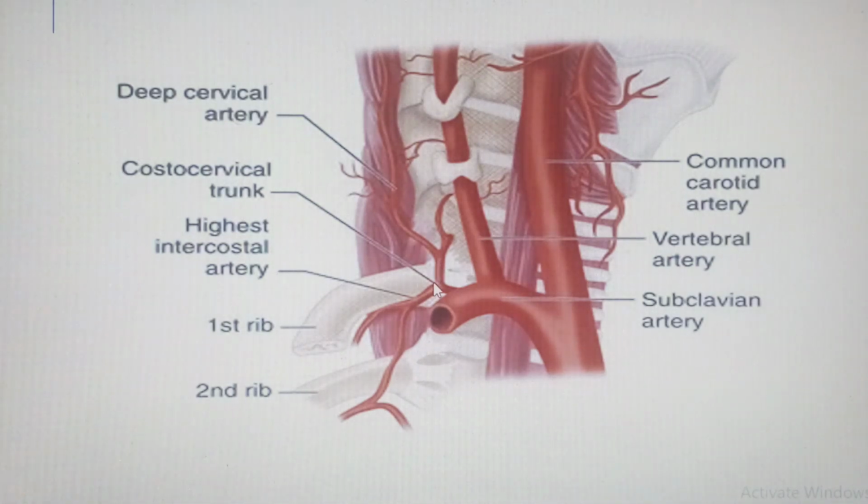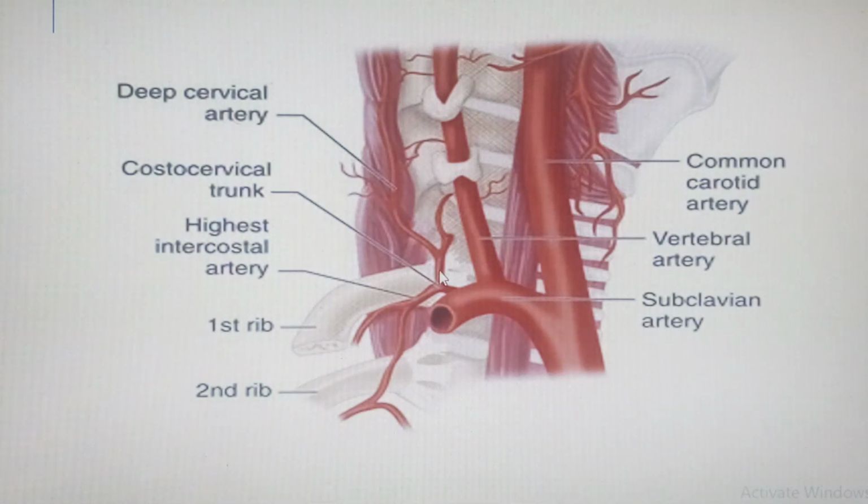Now I'll come to this one. This superior branch, which you call the deep cervical artery, or the profunda artery of the neck region, will run deep in the neck region to supply the deep structures in the neck, mainly the semispinalis muscles: semispinalis capitis, as well as semispinalis cervicis.